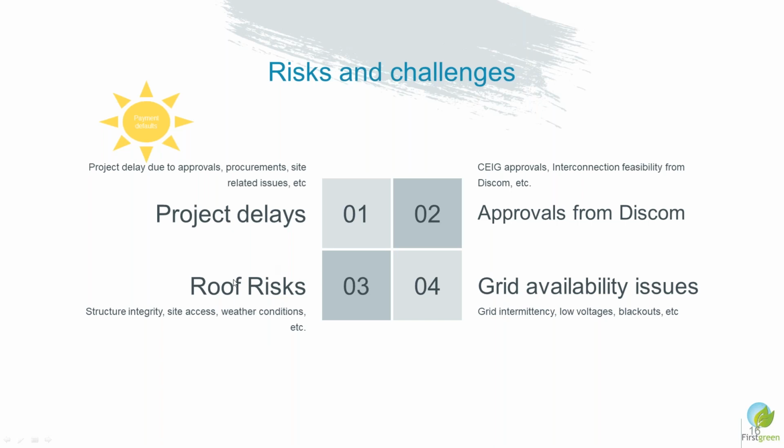Sometimes you have not evaluated the roof properly and you have difficulty in roof access, or the roof is not strong enough to take up the load of the solar PV installation, or a nearby building is coming up and may cast a shadow on your solar project.